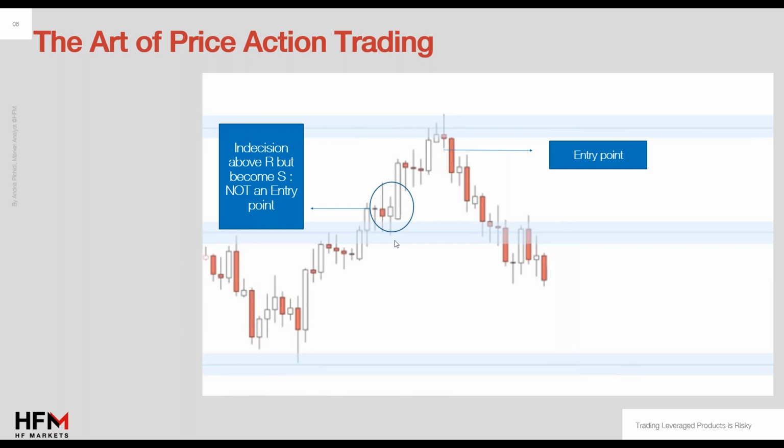Again, not a clear reply whether bulls or bears are in control. But the breakout of these 1, 2, 3, 4 consecutive sideways movements, the very next candle, which was decisive, strong, nearly full body, replied to the question that bulls are in control. And you might say to me, but Andrea, that was a bit late.